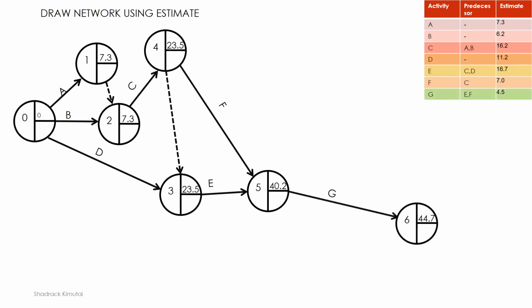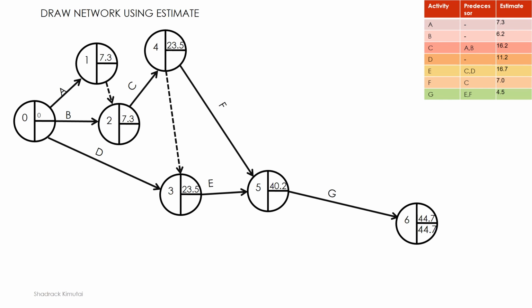Then we'll get the next activity, which is G, coming after the combination of both E and F, and this will take 4.5 days. So starting at 40.2, we'll add that 4.5, we end up with 44.7, and with that we'll have finished what we call our forward pass.